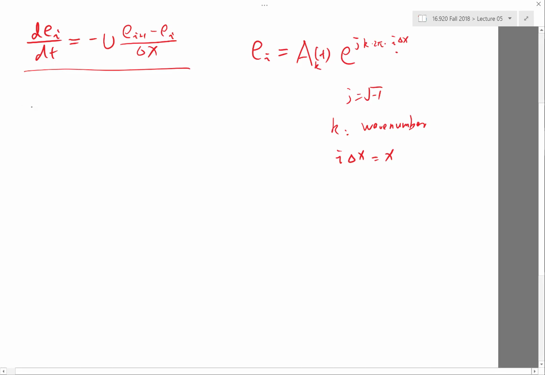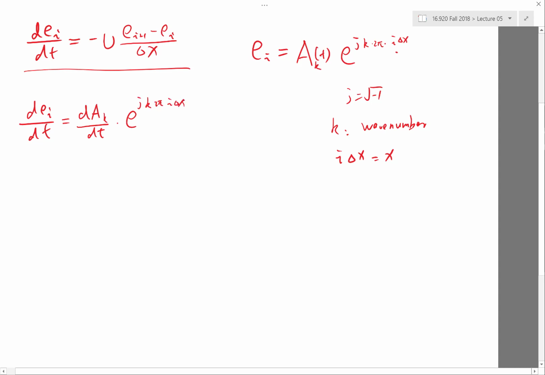So then dE_i/dt is equal to, well, only the a term actually depends on t. So I'm going to take the derivative of a, and the rest are the same.